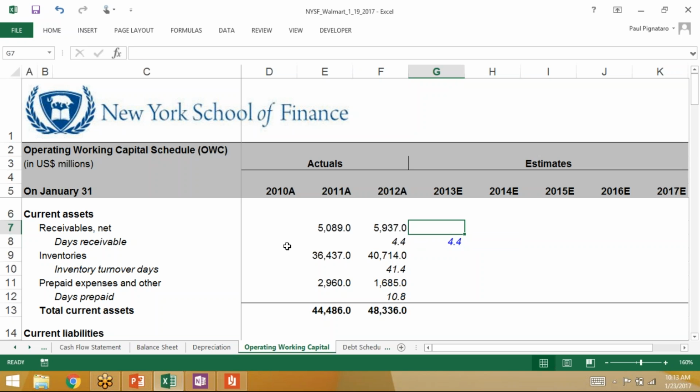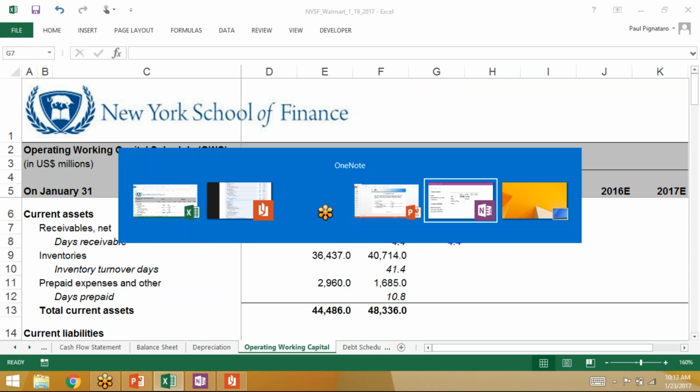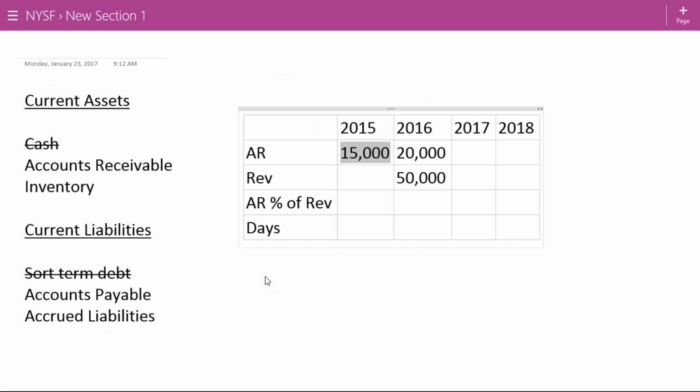We would use that number and reverse engineer the formula that we just spoke about and back calculate into the projections. Now we want to do some algebra to back into how to project accounts receivable.